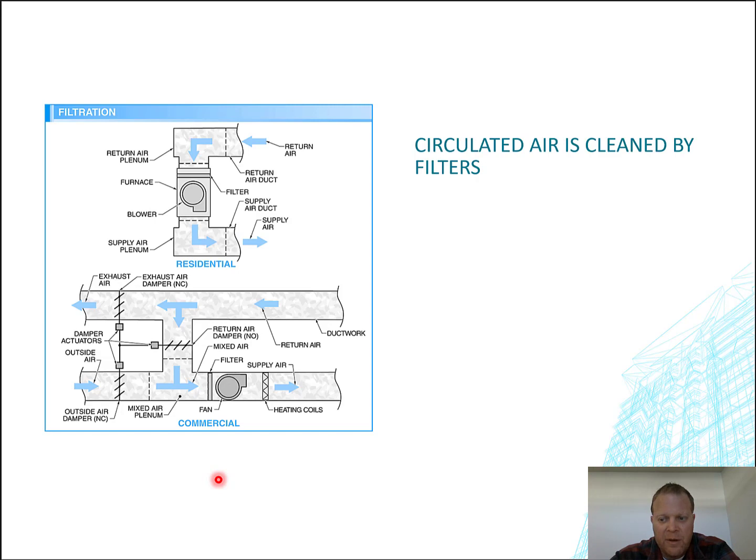You could have a HEPA system that is supposed to be pulling out super small particles, or something industrial, just trying to pick up sawdust or something like that. There's all kinds of different filters to meet your needs, but you need to understand the idea of filtering.